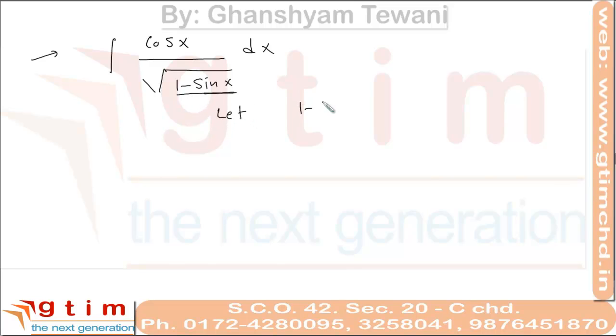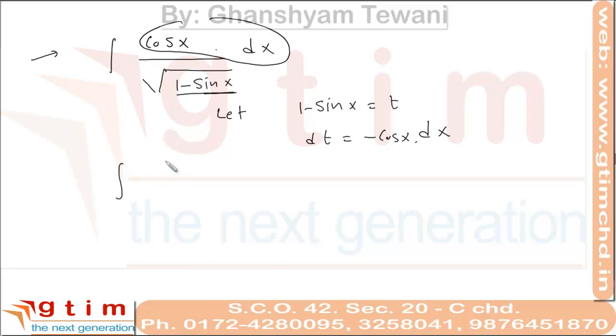Then let 1 minus sin x is equal to t. Then dt is, derivative of minus sin x is minus cos x, multiplied by dx here. Then this changes to cos x dx, which is now minus dt, and this is square root of t.